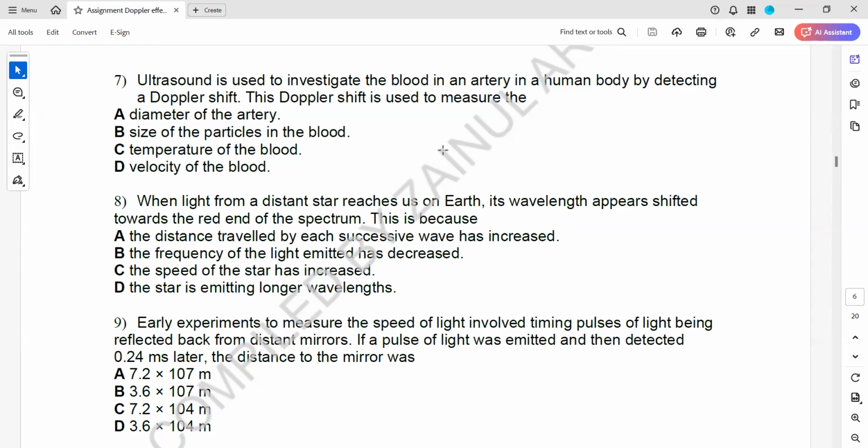Diameter of the artery? A Doppler shift can be used to determine the relative speed or the frequency, not the size. A pulse echo is for the size.